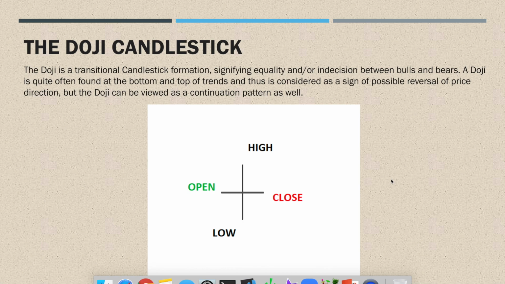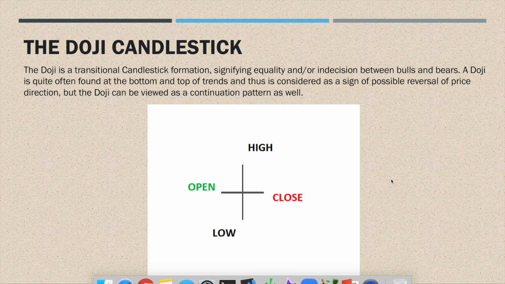You will notice that these dojis appear quite a bit at the top or bottom of trends. And since I do reversal trades, I like to keep an eye on this. Now, by itself, the doji doesn't give you a decisive trade idea, but if you use it in conjunction with support, resistance, and your other indicators, then I find it really helpful to just keep an eye on it.